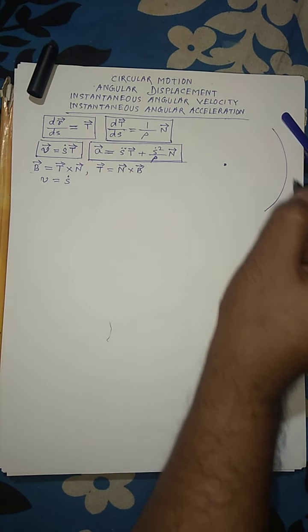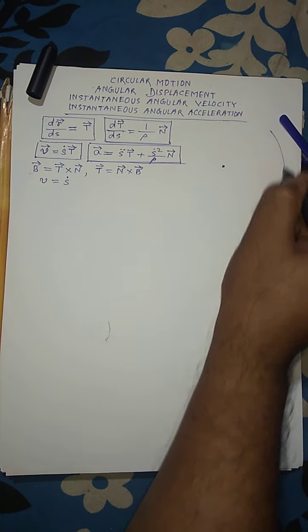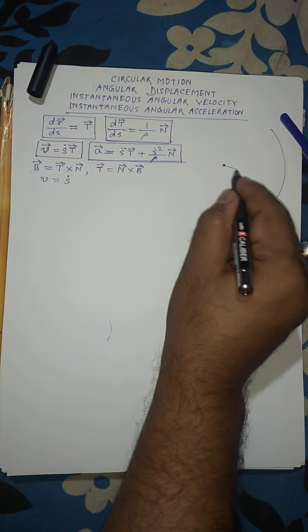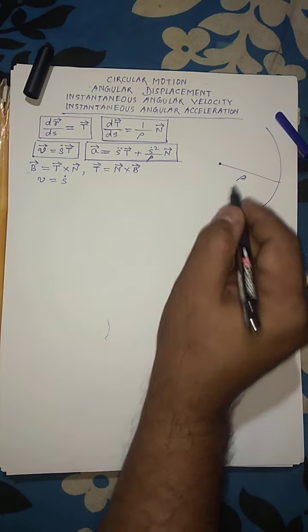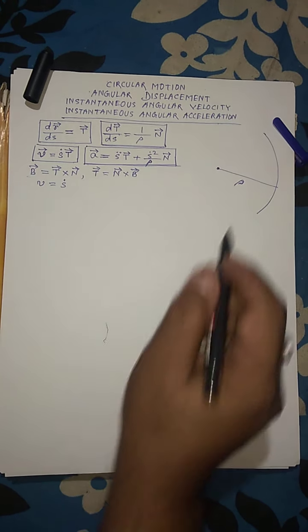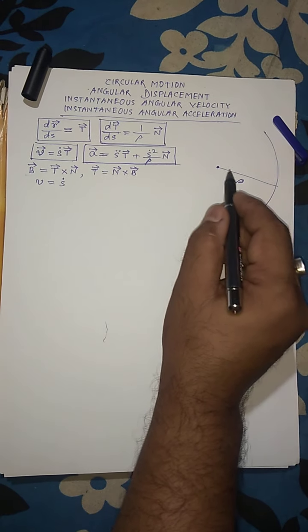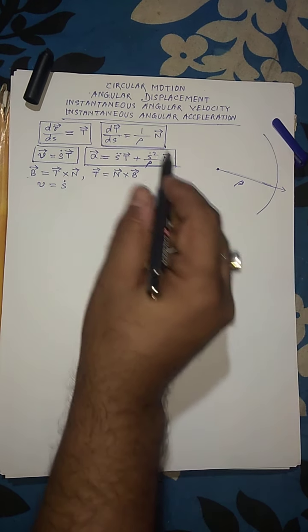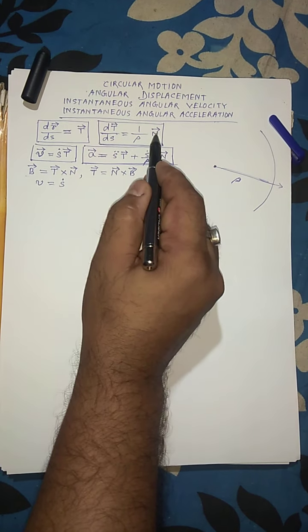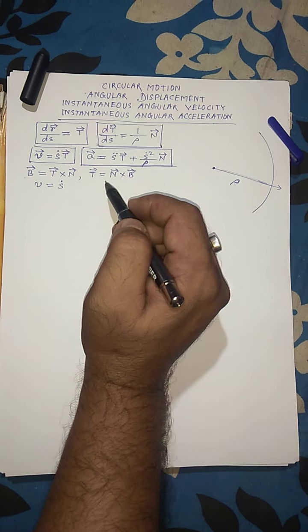Let a particle move along this circular path of radius rho. The radius vector is directed radially outward, but the unit normal is directed radially inward.